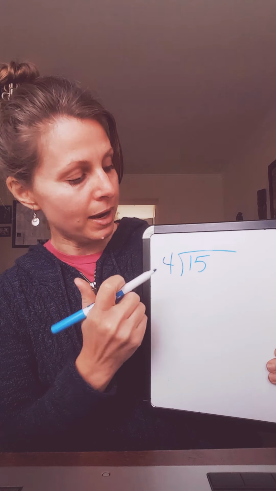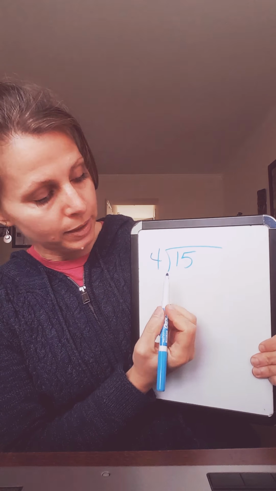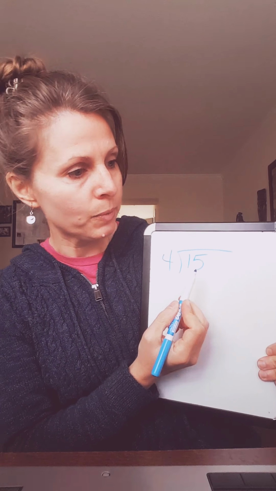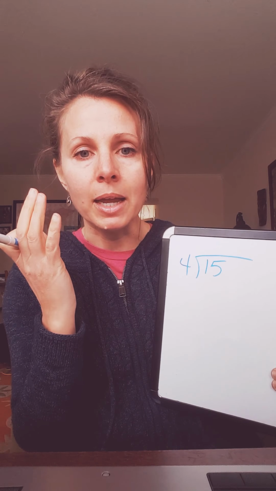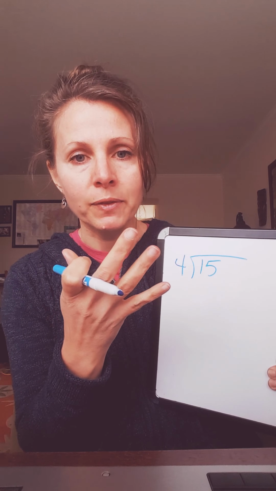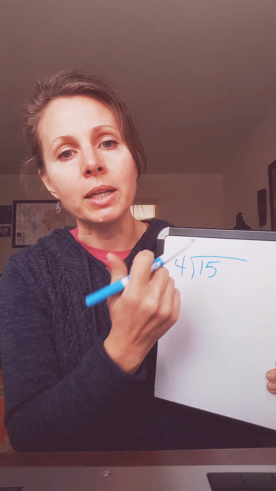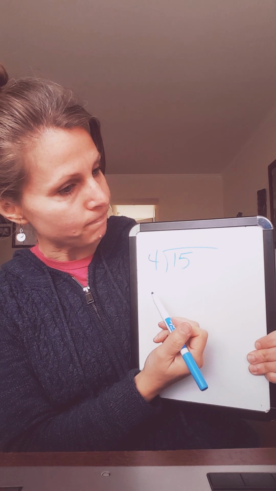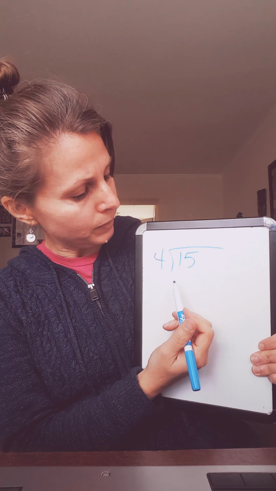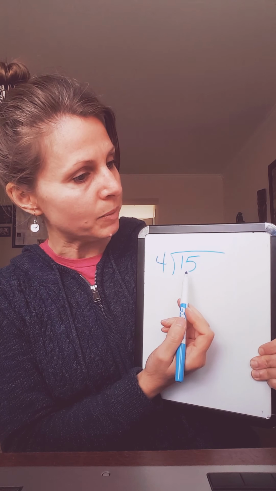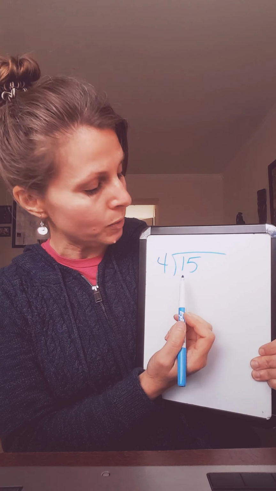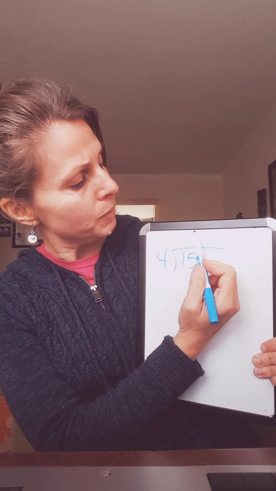So let's divide. 4 can't go into 1, so we go 4 into 15. This is where we try to remember our fact families. What multiplication fact is close to this? Nothing times 4 that I can think of is equal to 15, but we can get really close with 4 times 3.